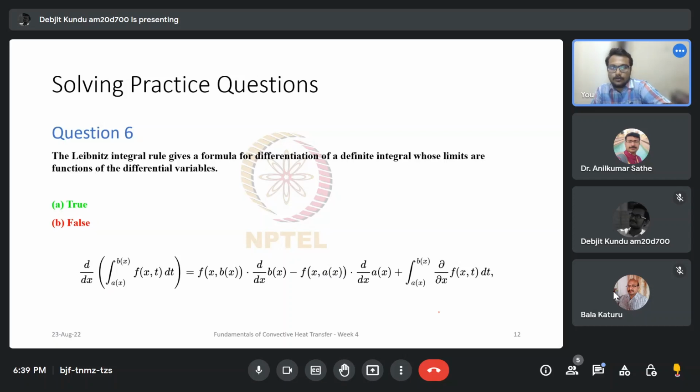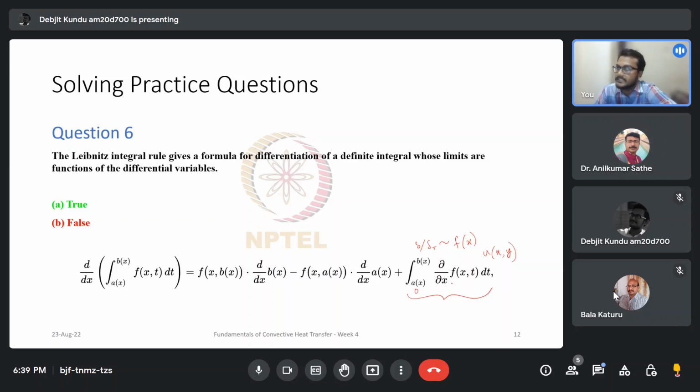So the expression shown below is the Leibniz formula. Within our momentum integral formulation, a term similar to this shows up, where a(x) is usually 0 and b(x) is either delta or delta T. And remember, both of these are functions of x. And here, f could be u or anything else, so that is also a function of x as well as another independent variable.